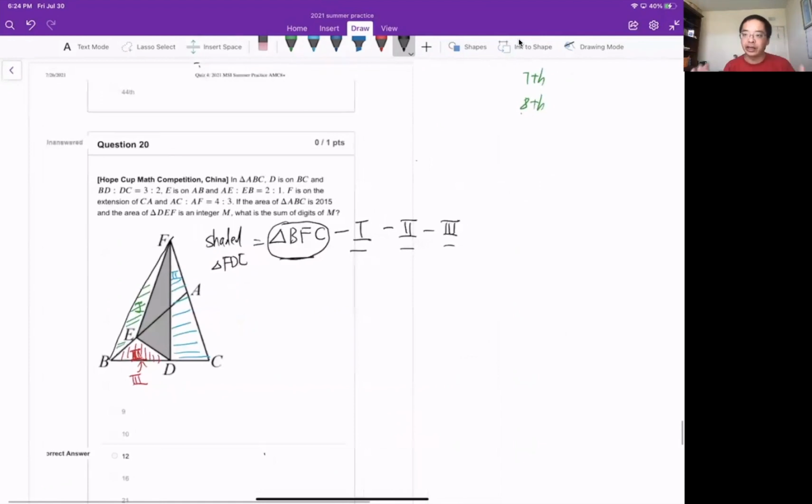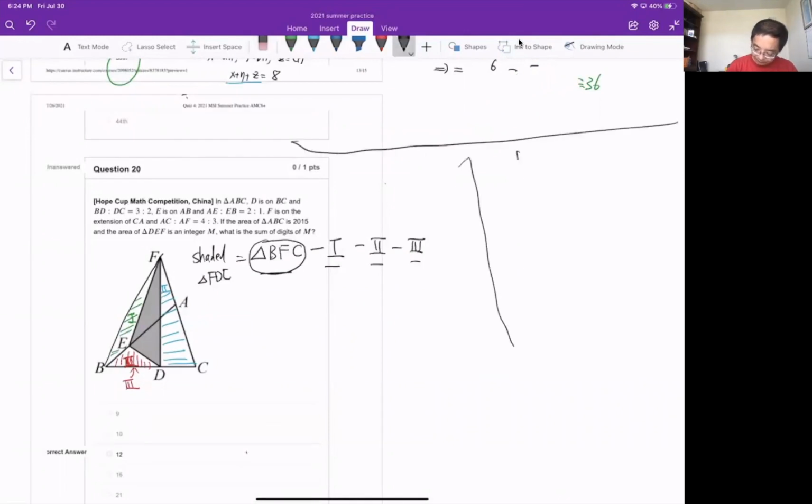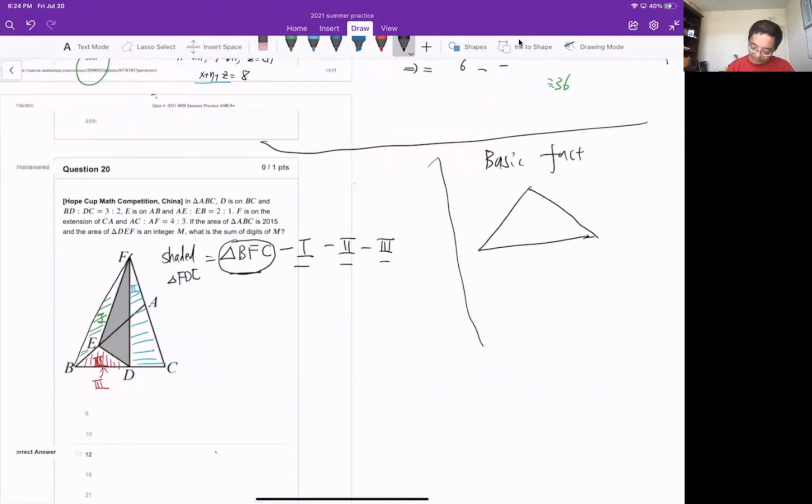In the calculation, the only fact we use is this basic fact, which we have used multiple times in previous exercises.